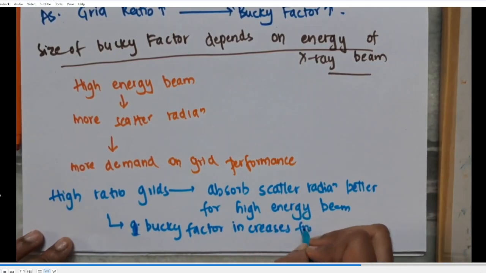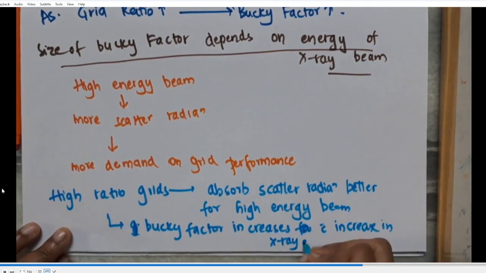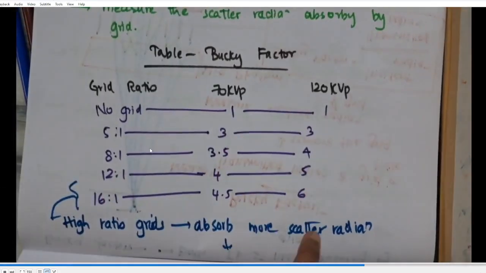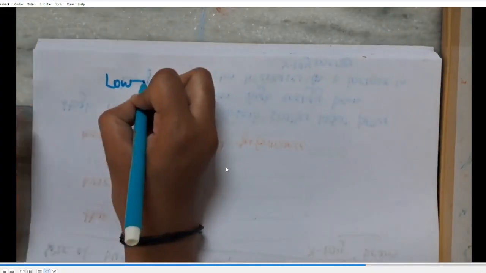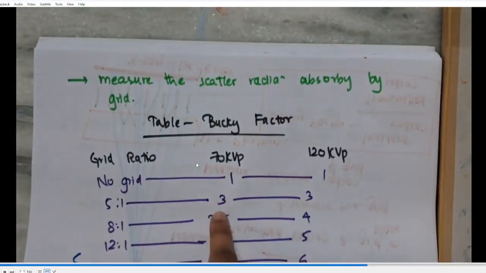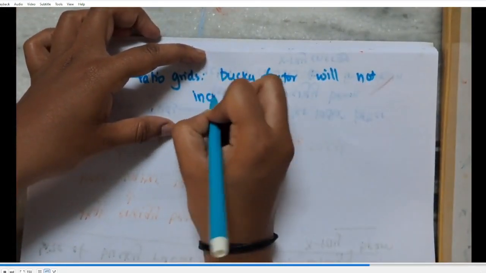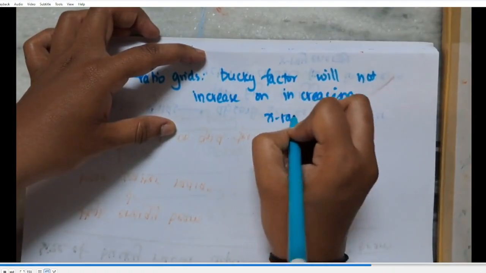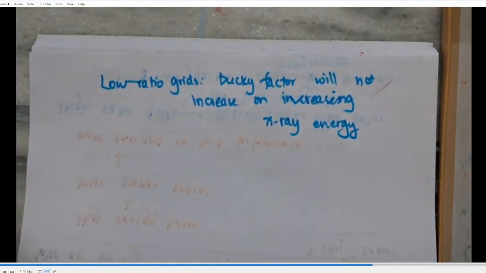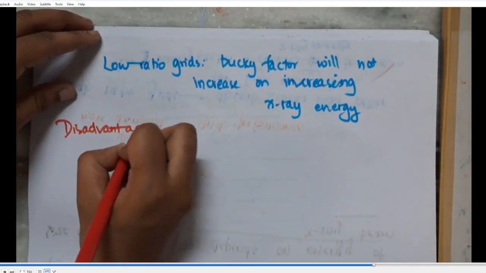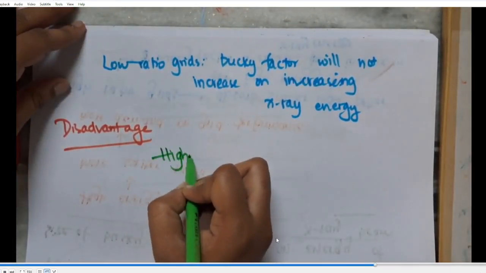So the Bucky factor increases with an increase in X-ray energy also. As X-ray energy increases, the Bucky factor also increases. But for low ratio grids, the Bucky factor will not increase with an increase in X-ray energy. Why?